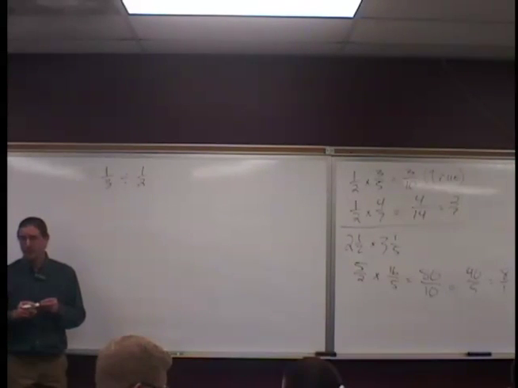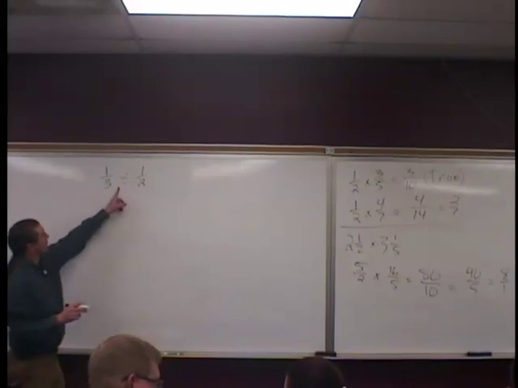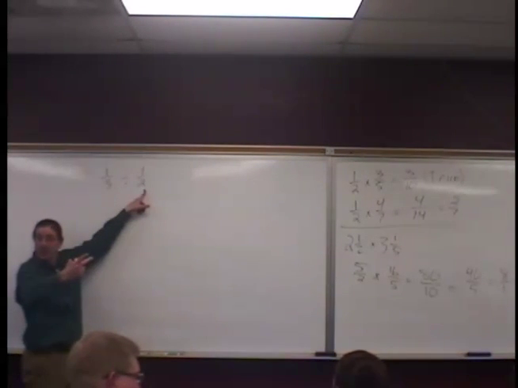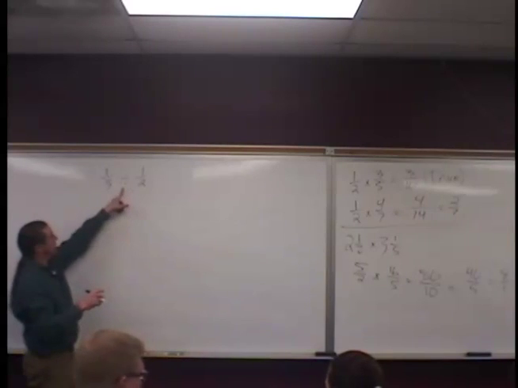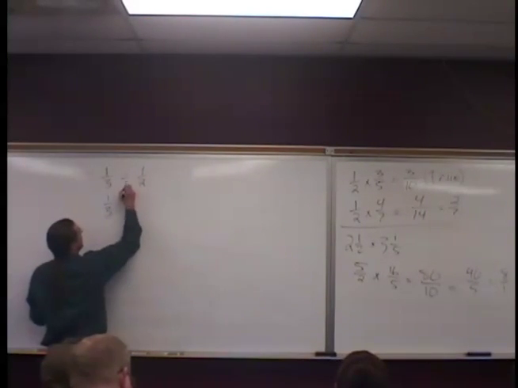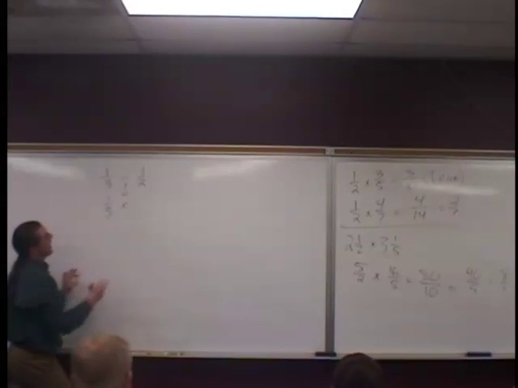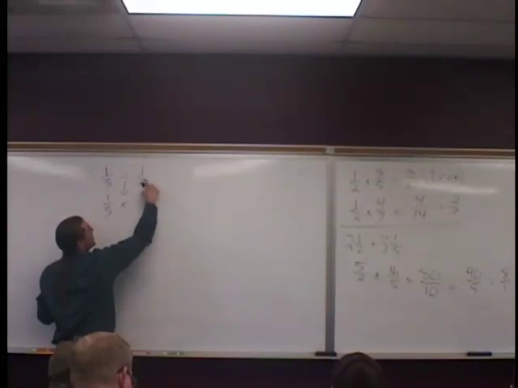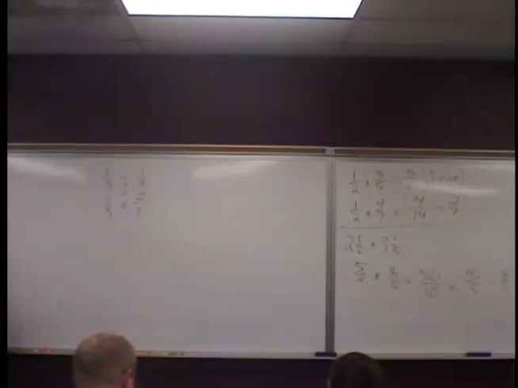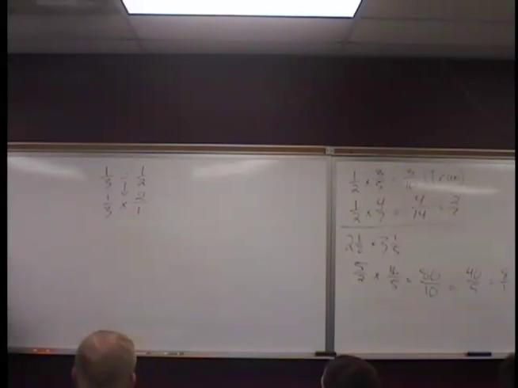All right? Whatever follows the division sign, you convert it to its reciprocal and change your division to multiplication. All right? When you convert this to a multiply, this gets reciprocated. And then you just follow the rules of multiplication.